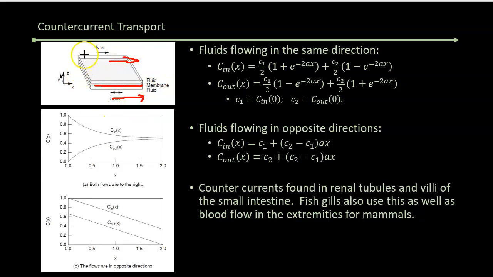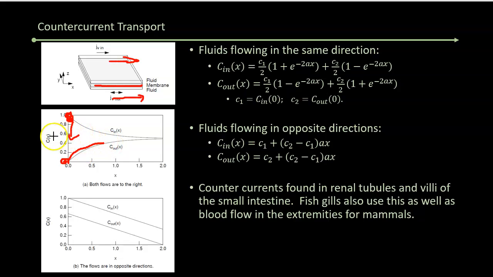When that happens, if you've got some solute in the fluid on top flowing to the one on the bottom, you start off with a big difference between the two. The top starts decaying towards the other, but the bottom also starts rising, because as you flow from here to there, the concentration goes up.